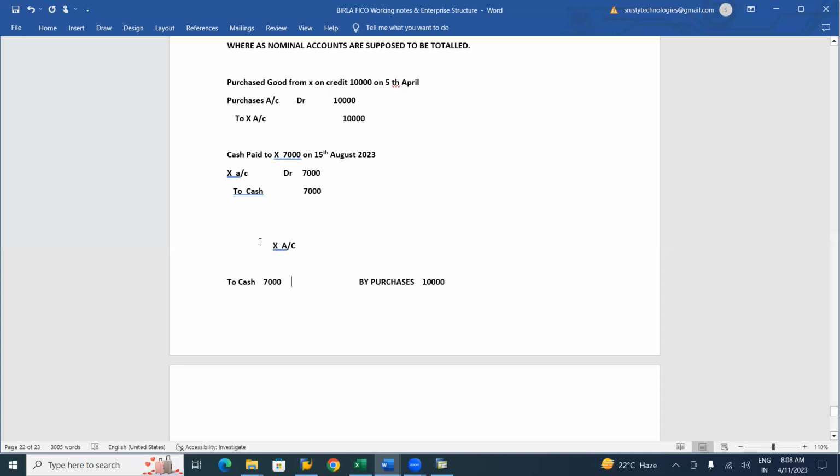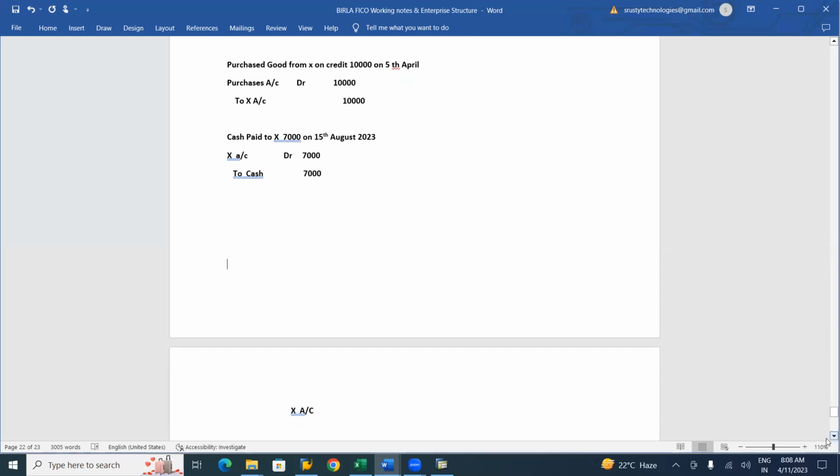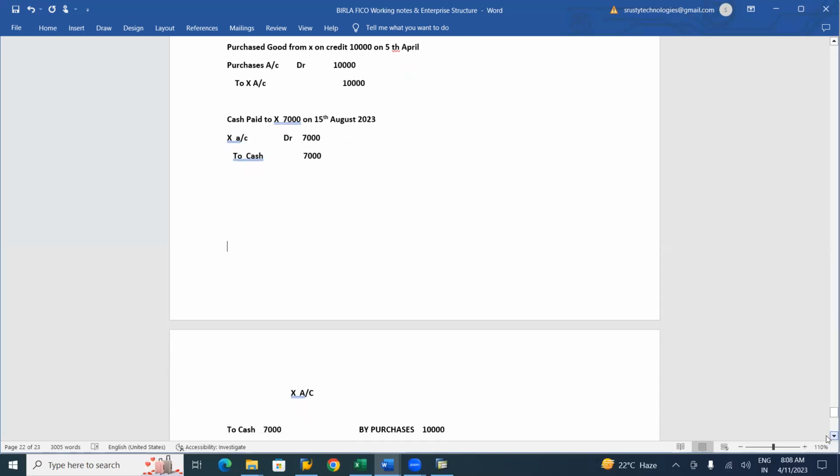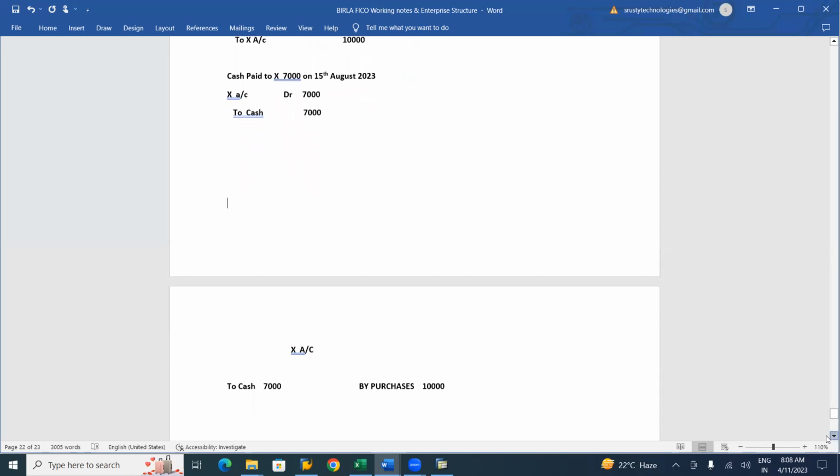On 25th March, we are closing our books. So what is the balance we are supposed to pay? 3,000, or 10,000, or 7,000? 3,000. So in your balance sheet, how much will you show as a liability?